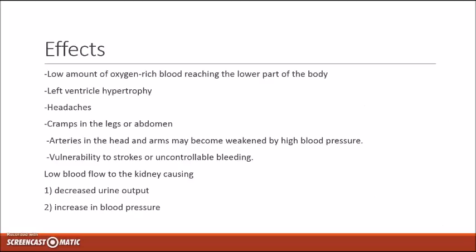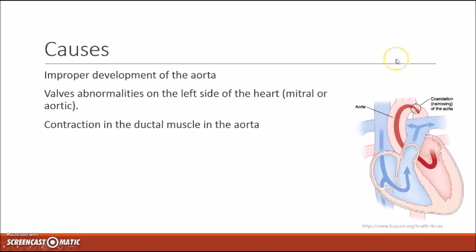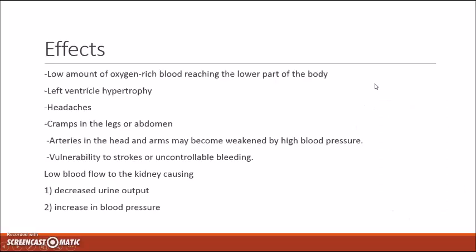Now for the effects, due to having a tightening in the aorta, the level of oxygenated blood reaching the body won't be really enough. However, if we concentrate, we'll find out that usually the tightening is after the arch of the aorta. So the vessels that enrich the upper part of the body are okay.